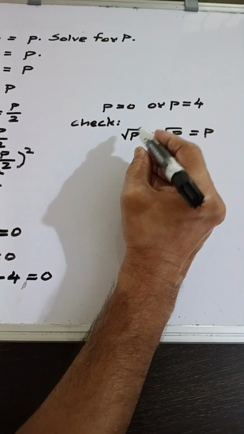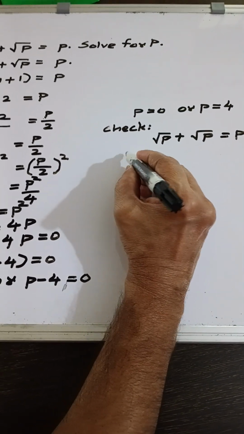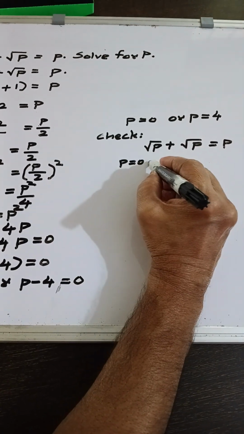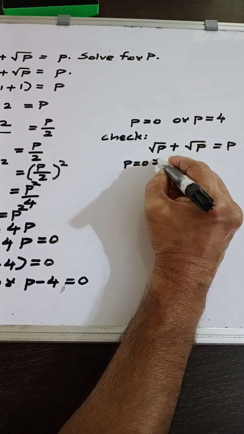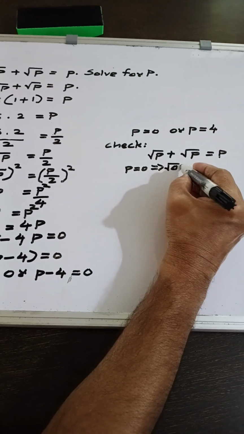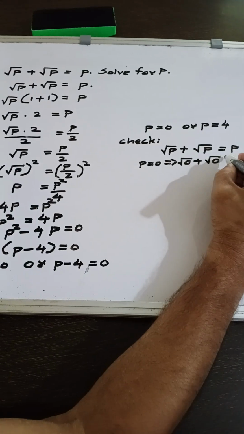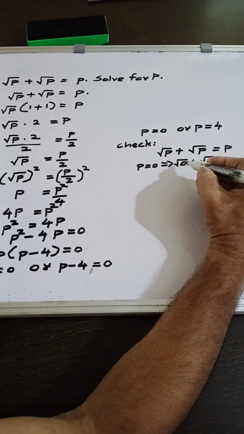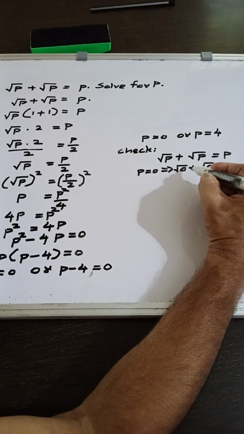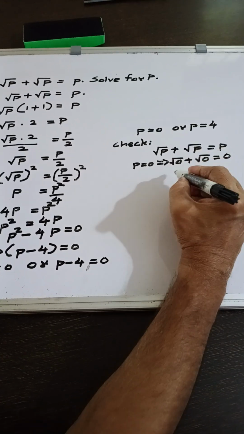Therefore, we have to substitute first p equals 0. Root 0 plus root 0 equals 0, since root 0 means 0. 0 plus 0 gives 0, which is true.